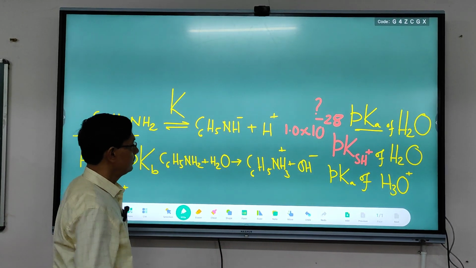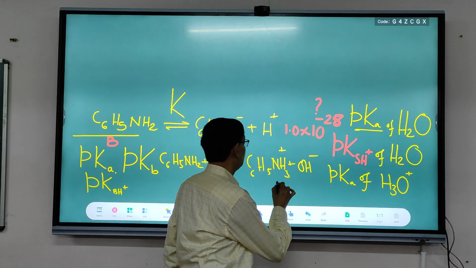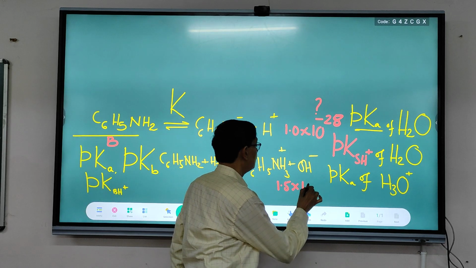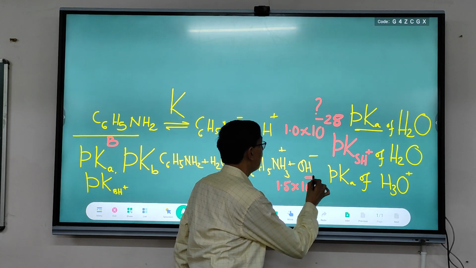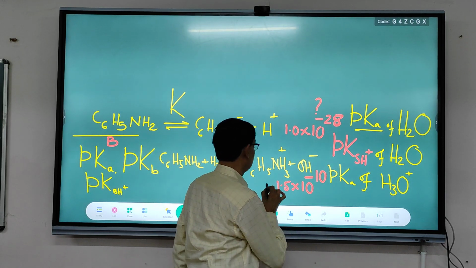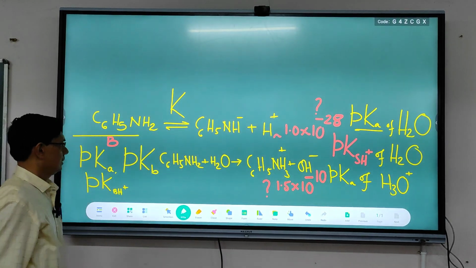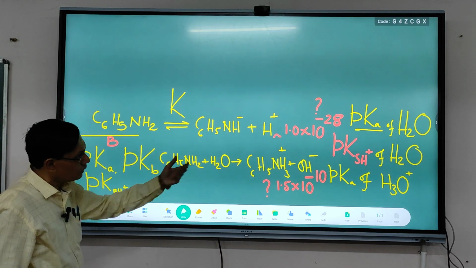Again, this value is around 1.5 into 10 to the power minus 10, also an approximate value. So it is also possible.